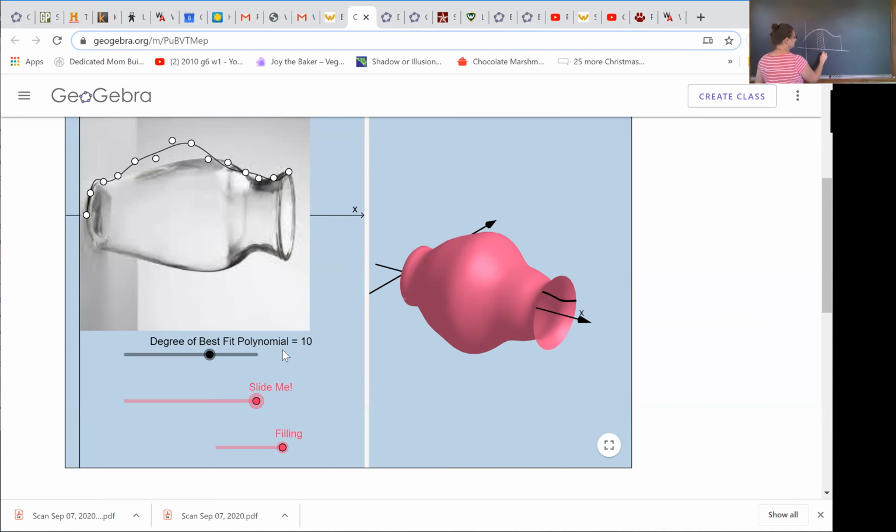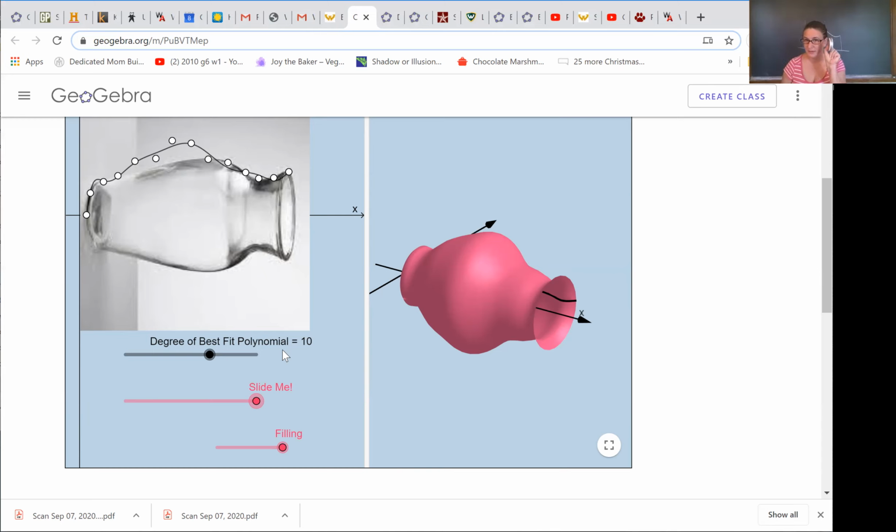Here's my delta x, and here's my y. As I move the vase around, this rectangle is going to also move around, and I'm going to end up with a thin disk here, like this.